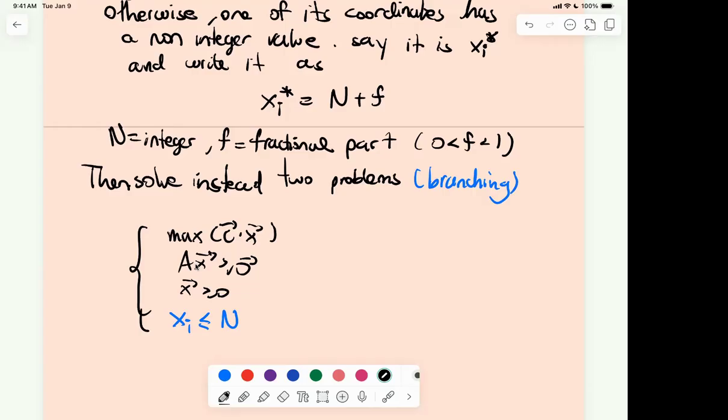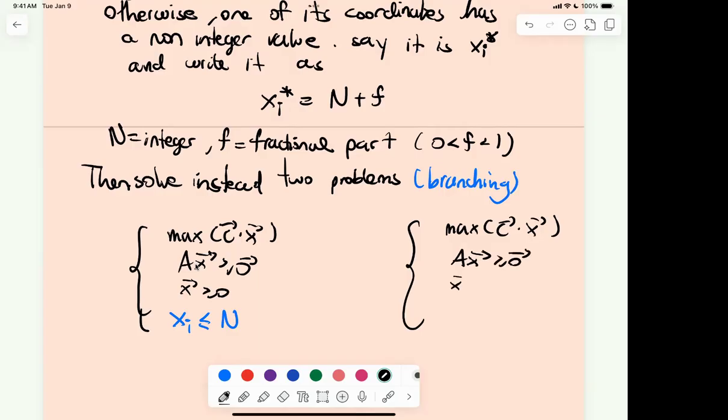So it's kind of like removing the strip where the coordinate could have been not an integer. So let's call this branch one and branch two.